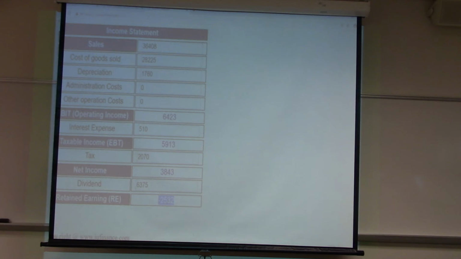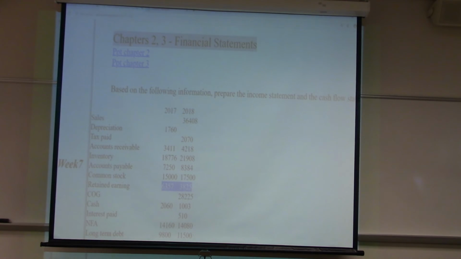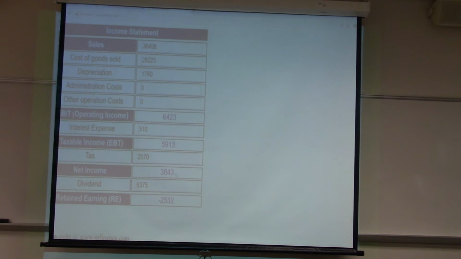So where does this number come from? It's 3528 minus 6357. That's the drop in value for your retained earnings. That's money you take out and pay as dividend. So your dividend is not only net income, but also the money you take out from retained earnings.